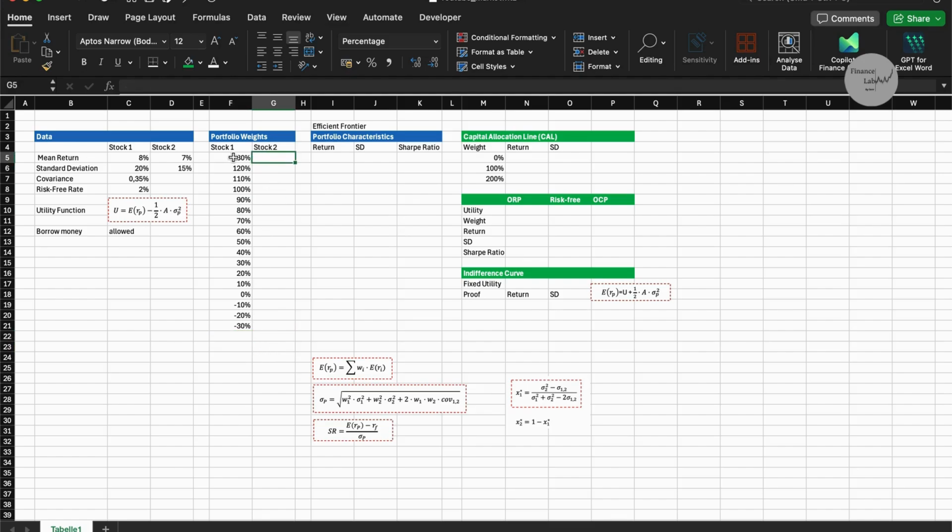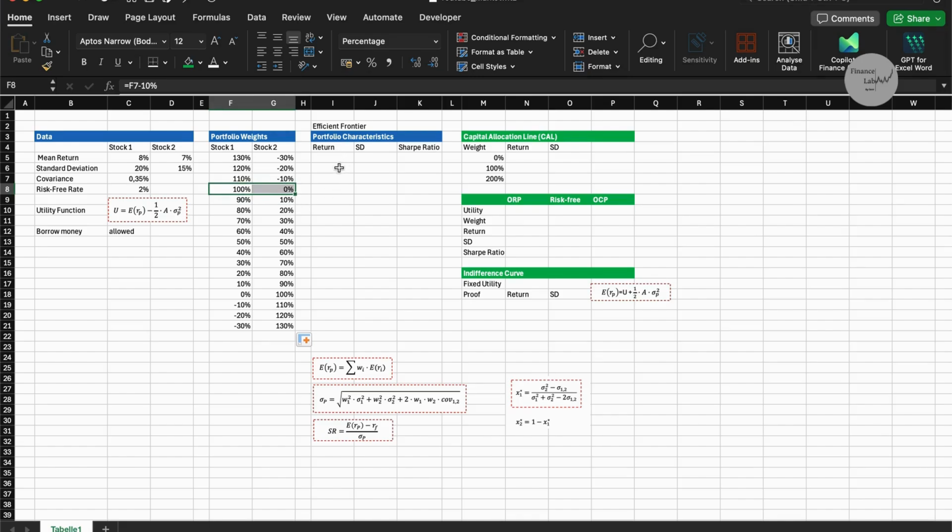We know that the portfolio in overall is equal to 100. So we can say the weight of stock 2 will be 1 minus the weight of stock 1. Now we can do this for everyone. And now we have a few portfolios. So this is one portfolio, this is one portfolio, and so on.